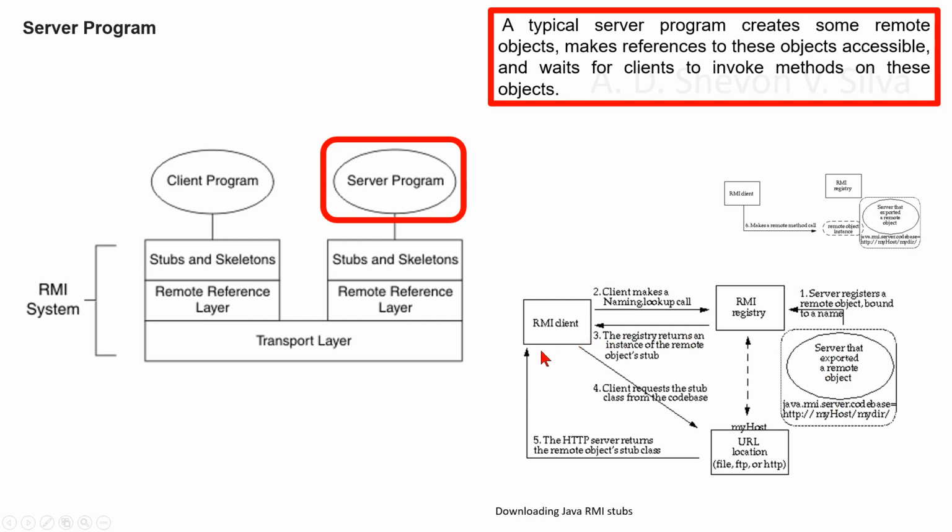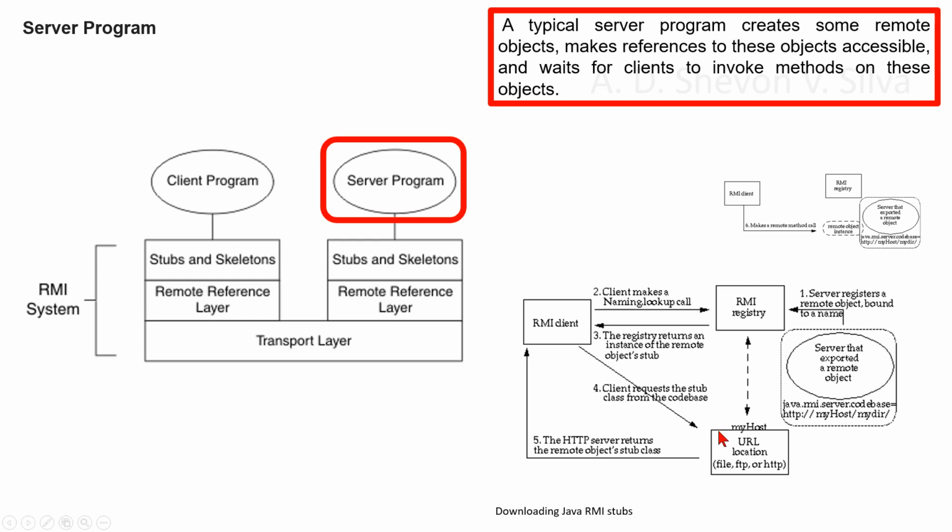Step 4, the client requests the class definition from the code base. The code base the client uses is the URL that was annotated to the stub instance when the stub class was loaded by the registry.